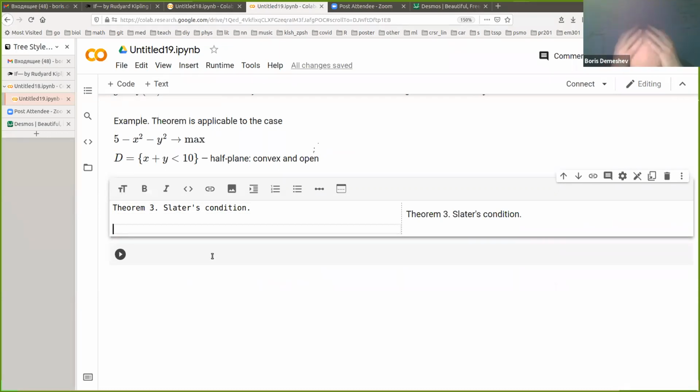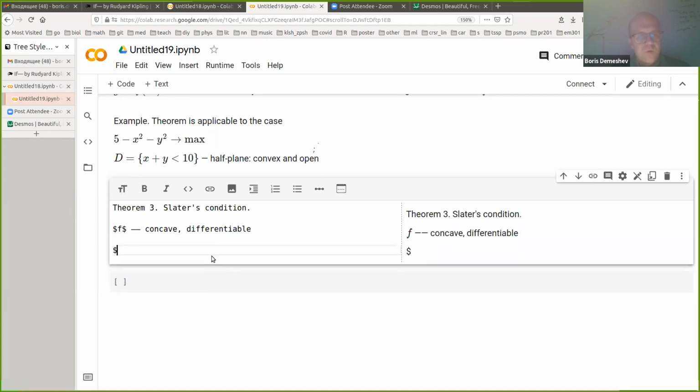Okay, so now let me provide the setup. Let's consider a maximization problem. My function f is concave and differentiable. U will be some open convex subset of Rn.